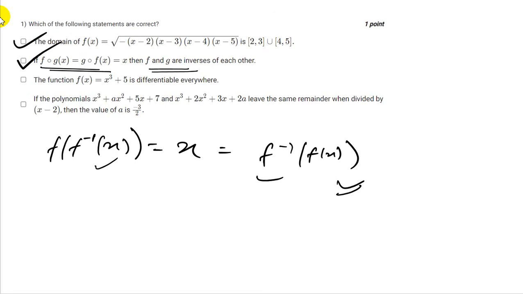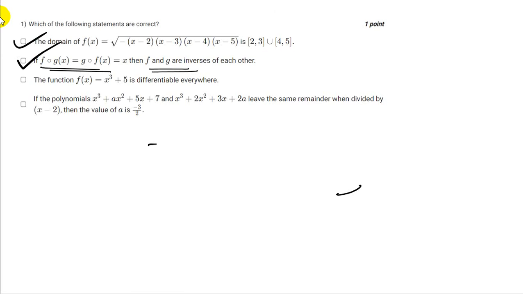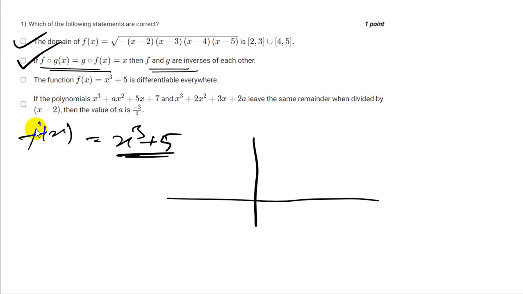Okay, so the next option says that the function f(x) equal to x cube plus 5 is differentiable everywhere. So we know that the graph of x cube is like this.